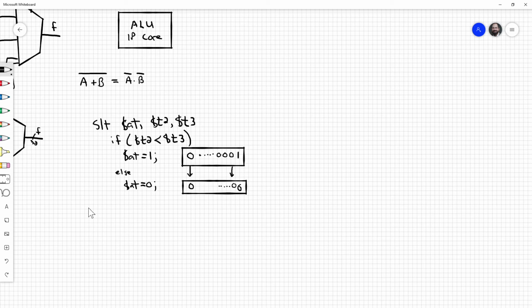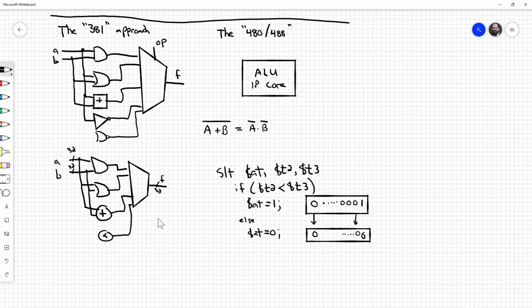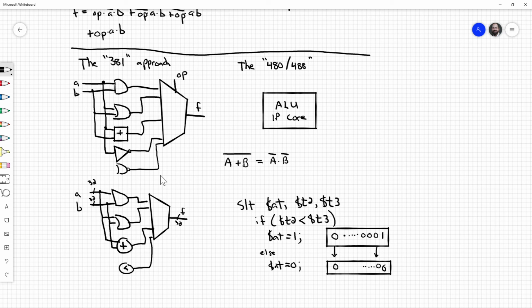So when we're implementing set less than using our 381 approach here, the output for my set less than operand, and my poor mux needs to get extended here, but that's okay, we'll squeeze all those values in. For all those bits, save for the least significant bit of my ALU, the result of the set less than operation is always 0.